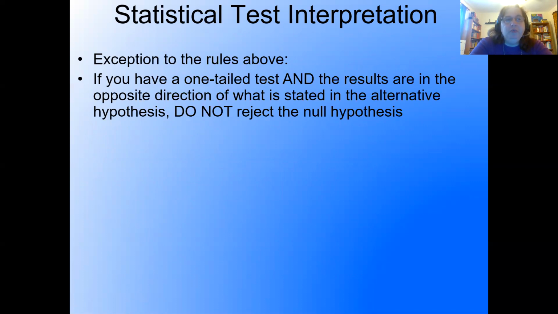So the exception to the rule is if you have a one-tailed test and the results are in the opposite direction of what is stated in the alternative hypothesis, you do not reject the null. Again, if you have a one-tailed test, remember that's when you're predicting direction, and the results are in the opposite direction of what is stated in the alternative hypothesis, do not reject the null.